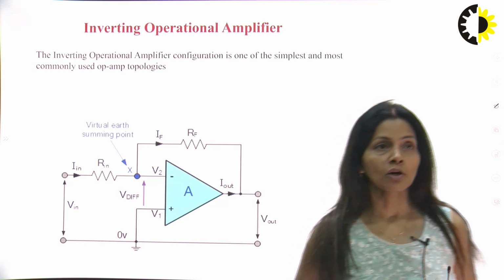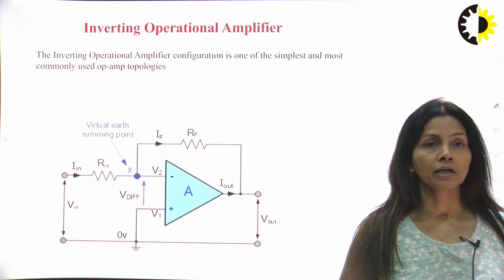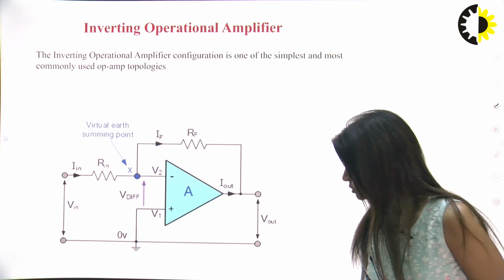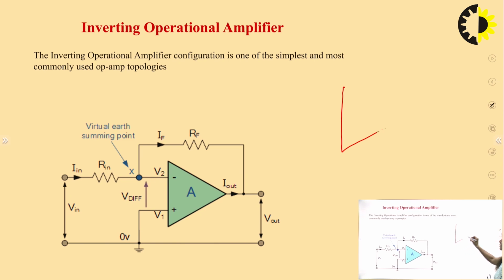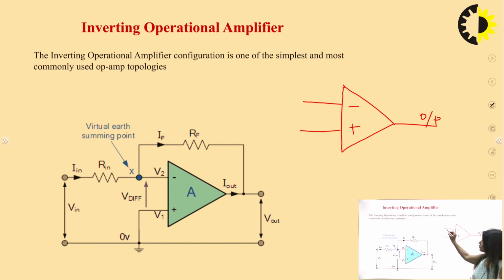Coming to the inverting operational amplifier, we know that this is my op-amp circuit. There are two inputs, minus and plus. From here we are taking the output. So this is the inverting terminal and this is the non-inverting terminal. The circuit we are going to discuss is the inverting op-amp.